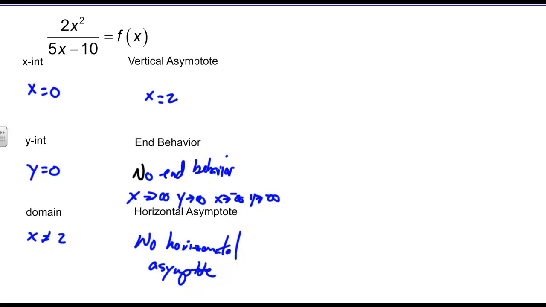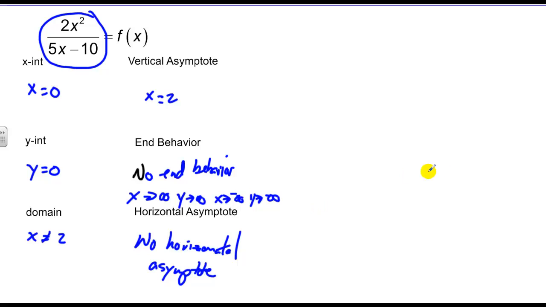All right. Now what we're going to do is take a look at all of our functions and what was the case in each as far as horizontal asymptotes went. We said that in this case there was no horizontal asymptote, and if we look at our function, we don't see a big relationship here.